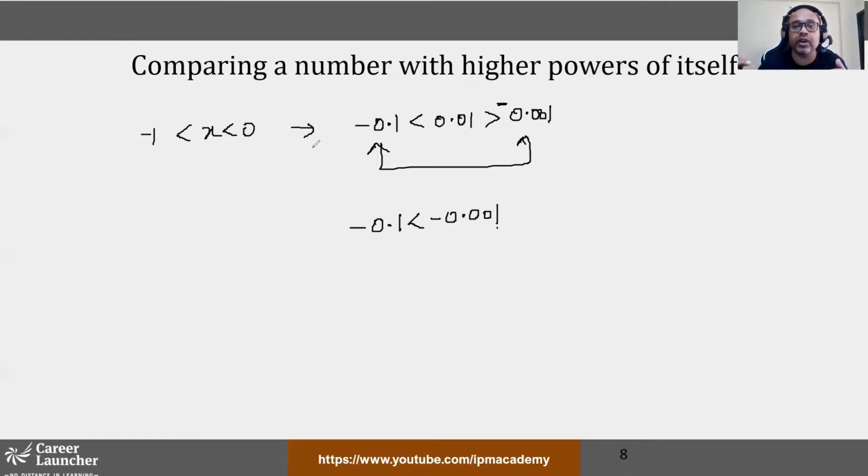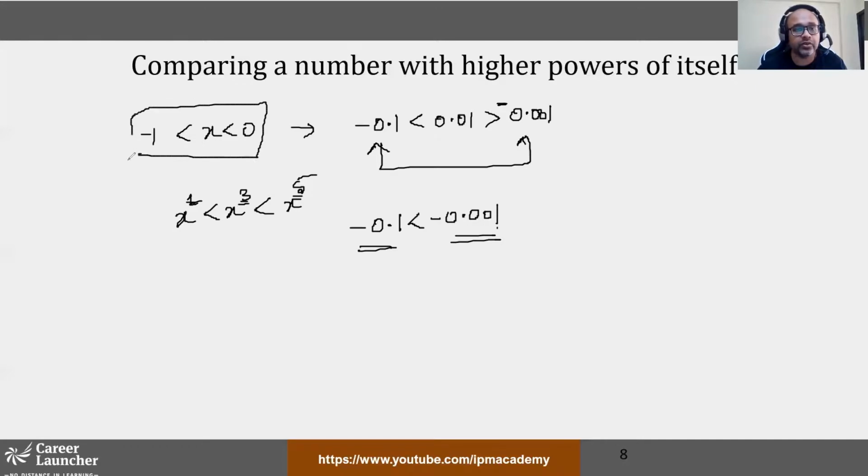The magnitude is smaller and the number is negative, which basically means it becomes greater. So you can say x will be less than x cube, which is less than x power 5. Whichever odd power you take, it will always be greater than the previous, lesser odd power. And please remember this is true when you're dealing with this particular range.